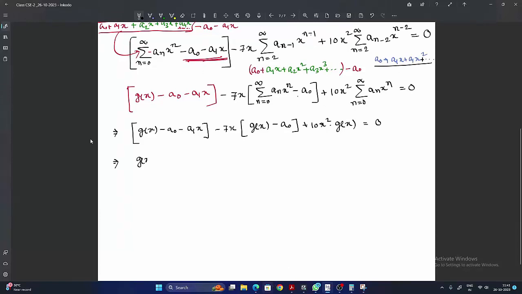So g of x minus a0 value 3, minus also 3x, then minus 7 of x into g of x minus 3, plus 10x squared into g of x, is equal to 0.